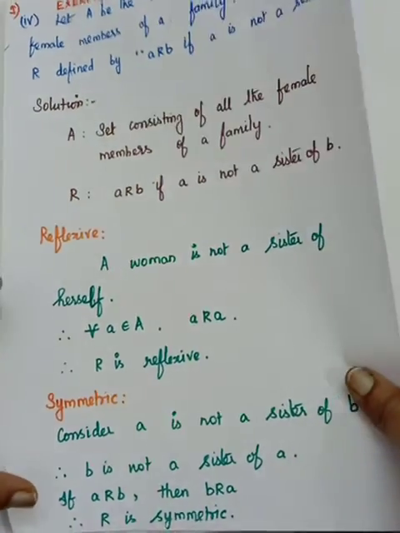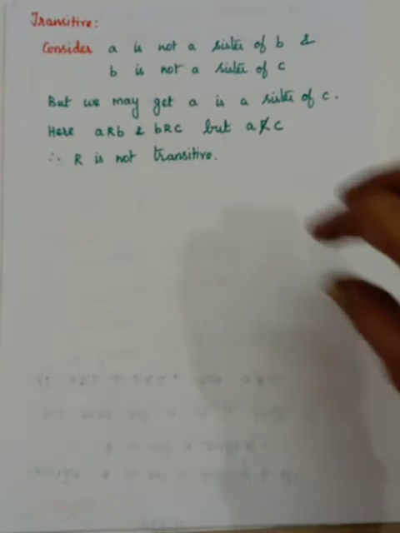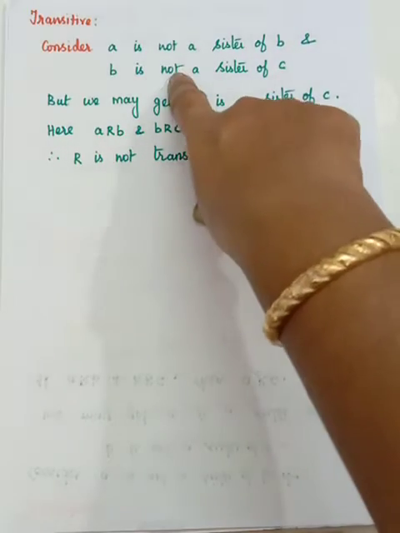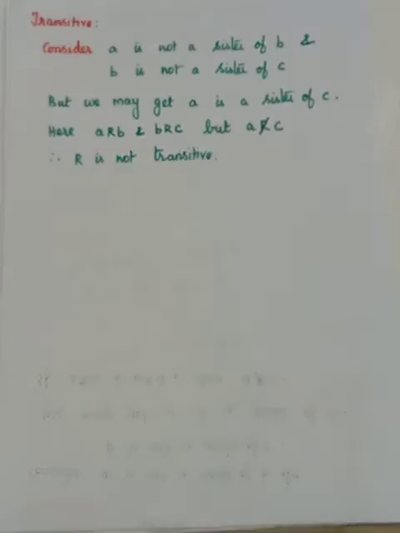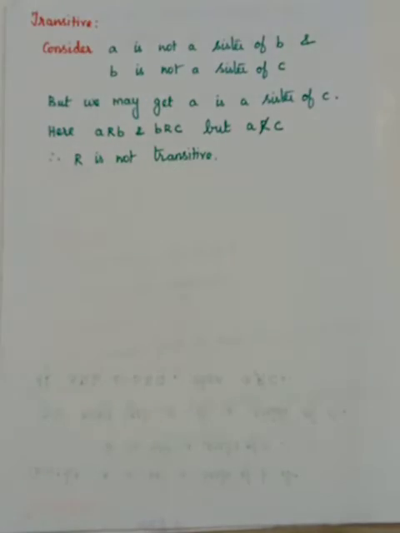Next we are moving to the transitive. For transitive, we have to take two conditions: A is not a sister of B and B is not a sister of C. So what we have to check is whether A is a sister of C or A is not a sister of C. According to that, we have to conclude the transitive.